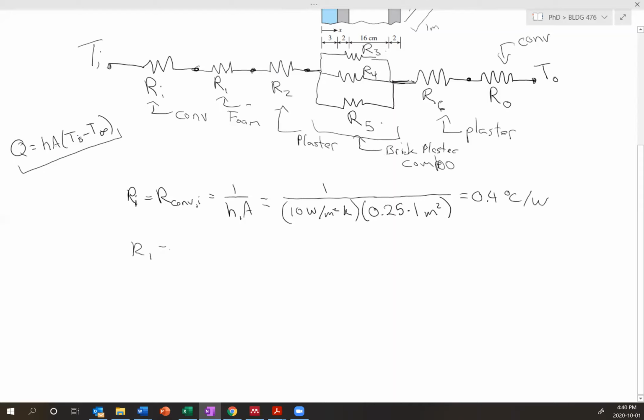So our R1, which is through our foam, is equal to L over kA, which is 0.03, that's in meters, over k times 0.25.